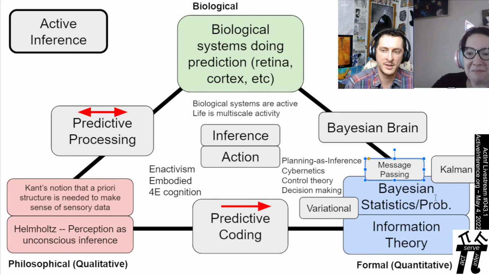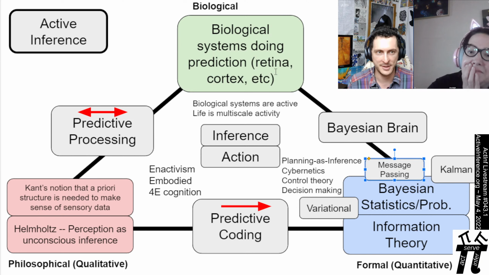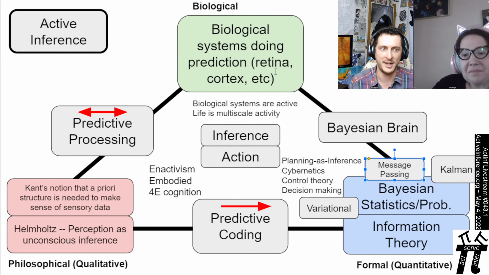I'd add message passing to Bayesian statistics and probability because it's something that we can do on a Bayesian graph. It's an implementational approach, but it's also leaning a little bit towards the biological, because when people talk about how a given piece of information, signaling, or stimulus in the toe ends up having an effect on the other side of the body or on the brain, there's some kind of message passing.